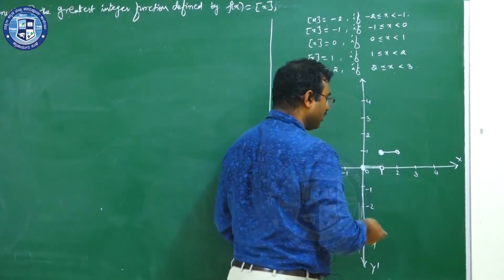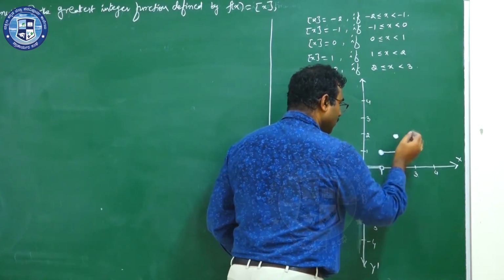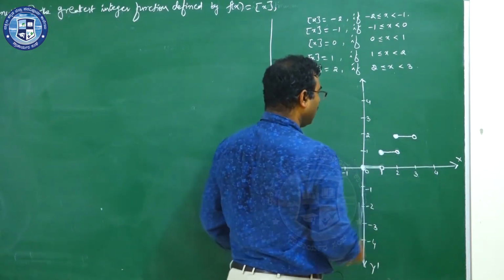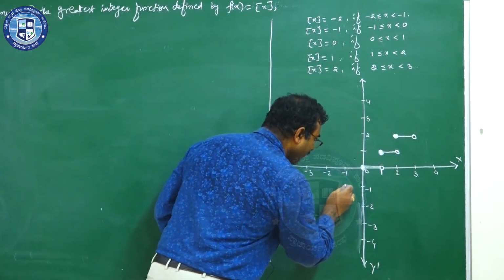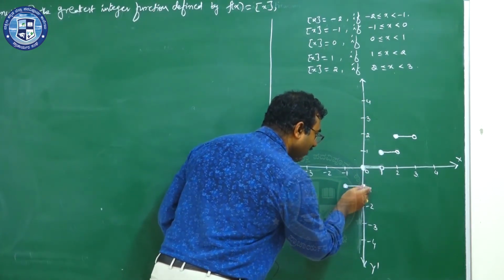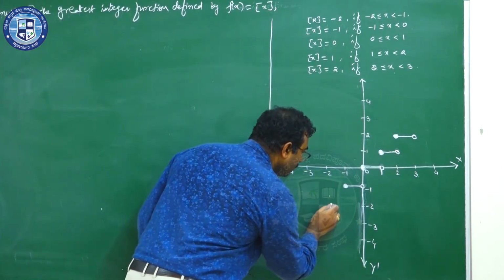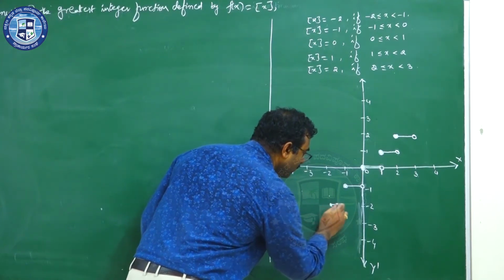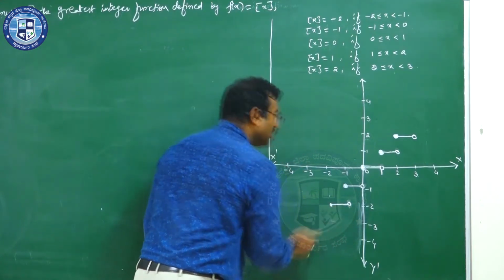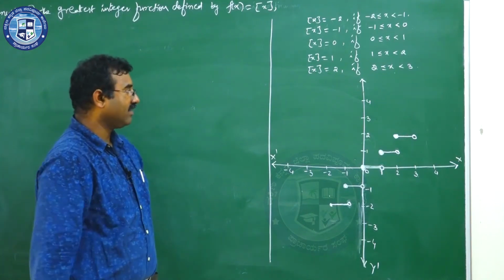It comes like this, and like this we get. And at minus 1 it is minus 1. For x less than 0, it is minus 1. At minus 2 it is minus 2. So the hole means that point is not included in the graph. You have to understand that.